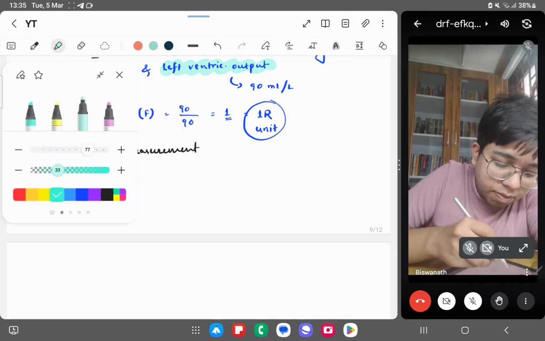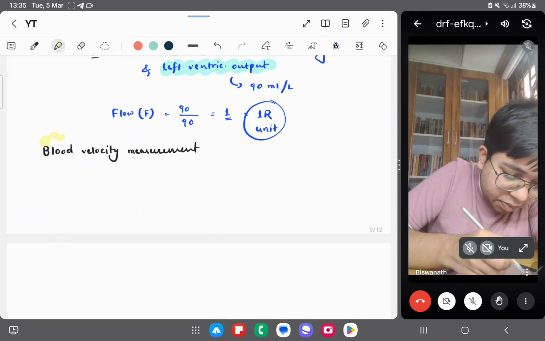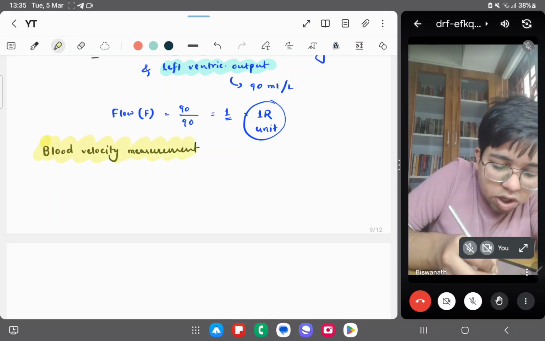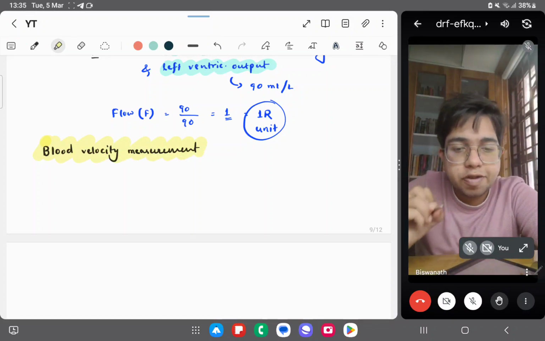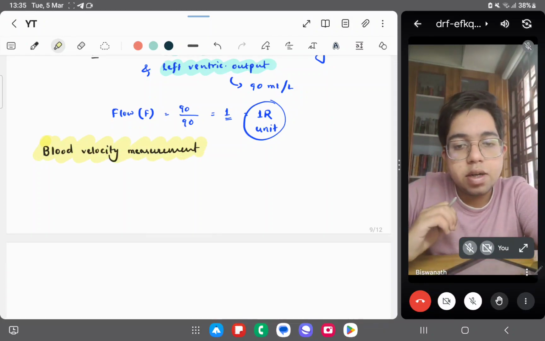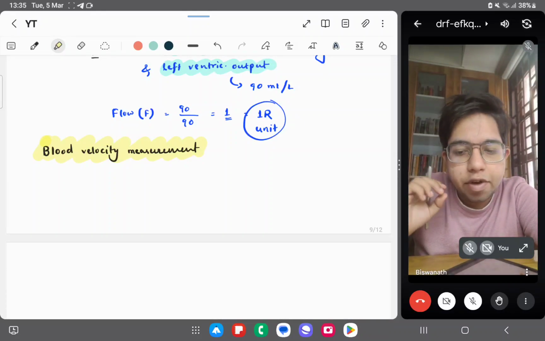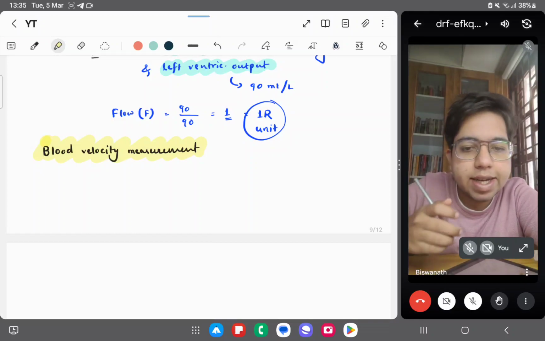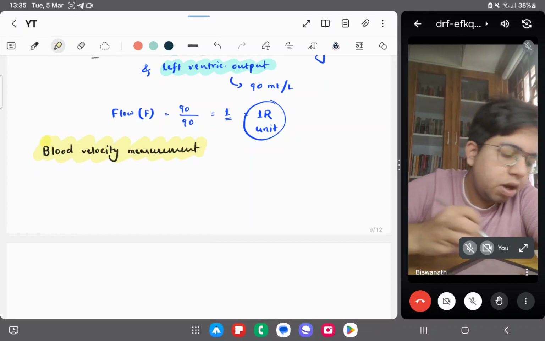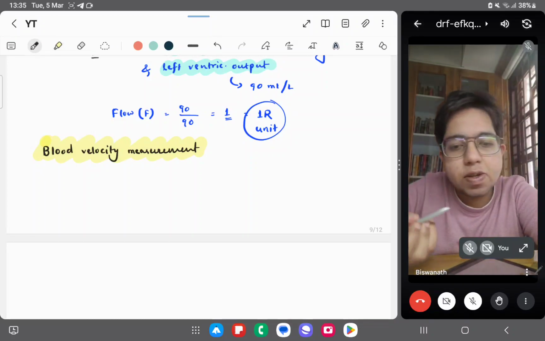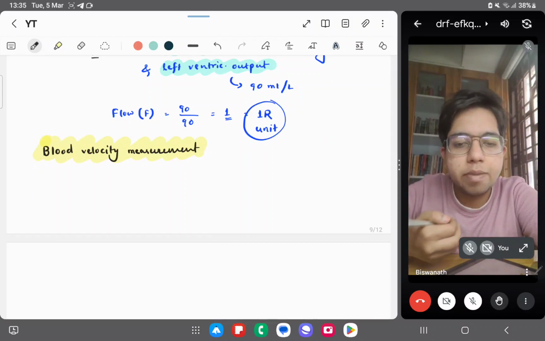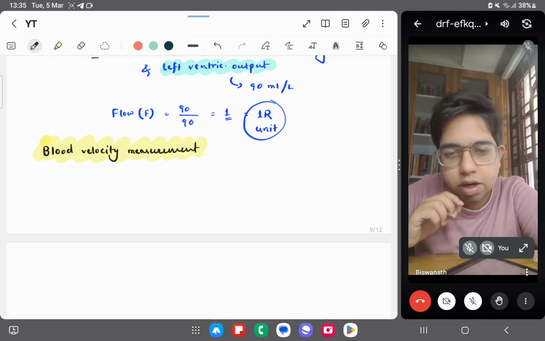How do you measure the blood velocity? These are not your core concepts of physiology, but these are some of the advanced concepts that I am taking. If you're interested in USMLE and other exams, then it will be very, very helpful. In NEET PG also, one or two questions may come, although it is out of scope of our curriculum.